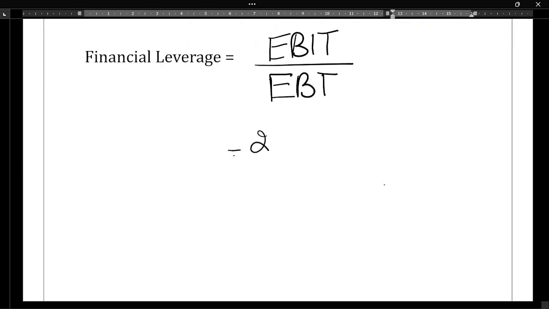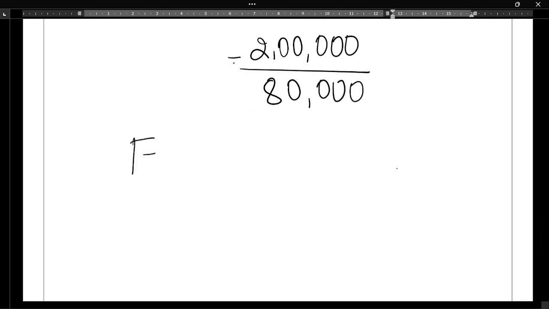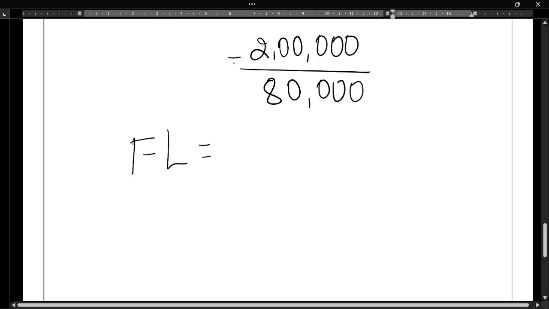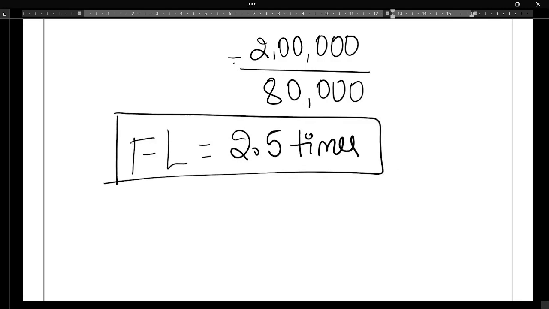So when you divide, you will get the financial leverages. So divide 2 lakh by 80,000. The answer is 2.5. So financial leverage is 2.5 times. This is the answer.